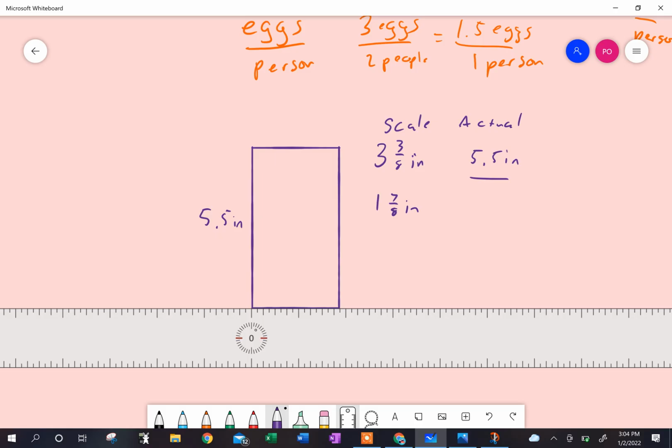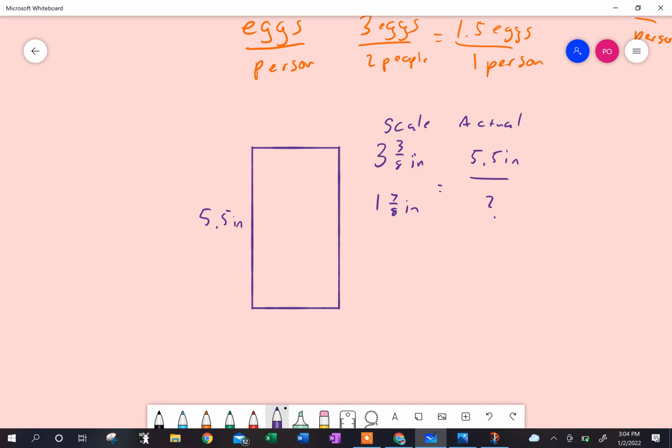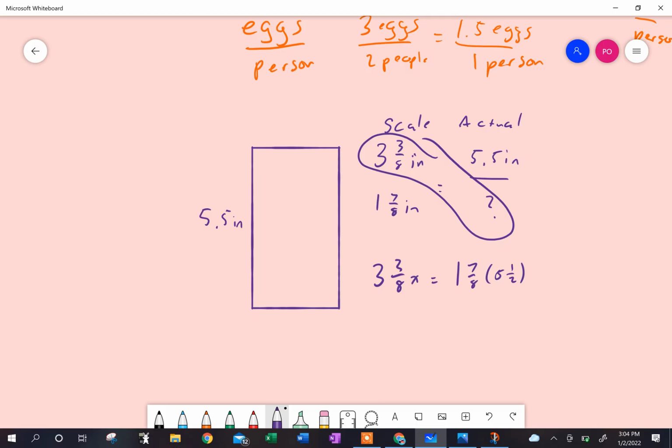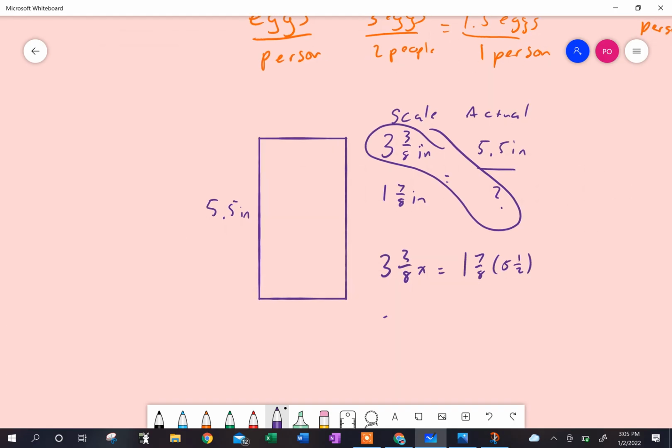So how big would it be actually? Once again, all I'm going to do is cross multiply. I get 3 3/8 x is equal to 1 7/8 times 5.5, which, let's see what that is. That gives me 3 3/8 x equals 10.3125.